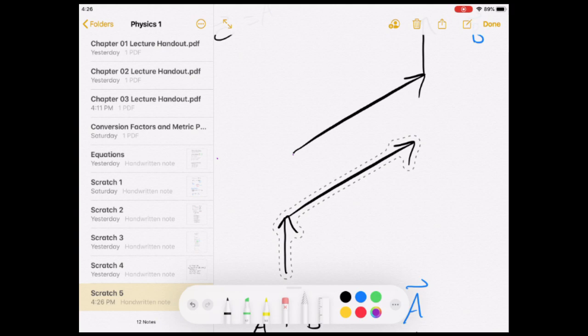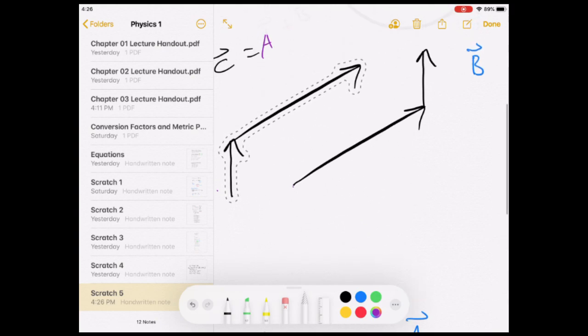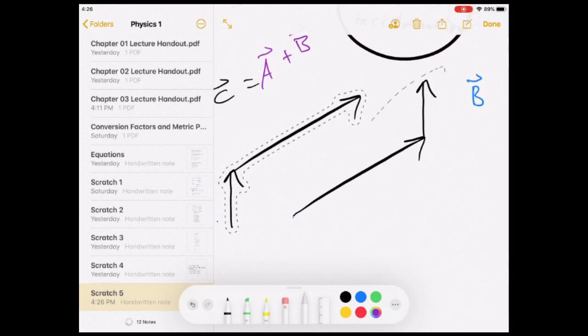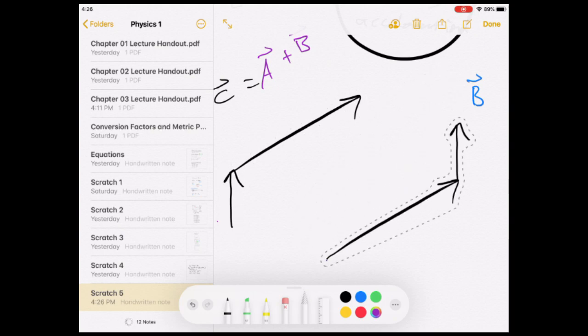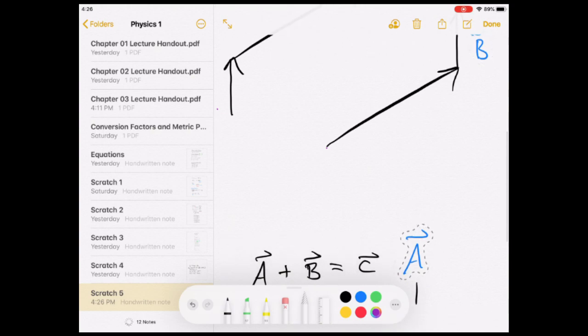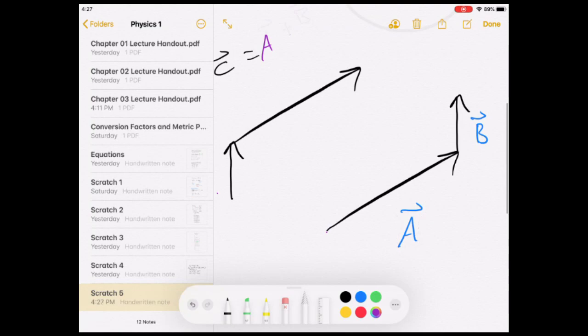So I could say, well then, the answer to this addition problem was tip to tail. This guy was B, and this guy's A. So when I said I walked A and then B, my answer was this vector right here, right?